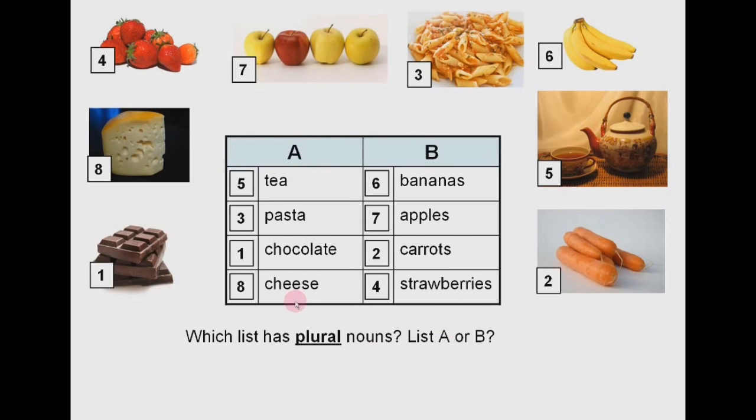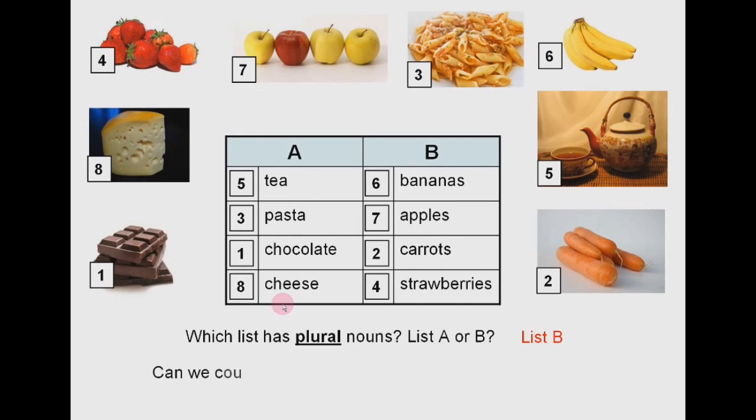Well, of course the answer is list B. These are all plurals because there is a letter S at the end. And list A, in fact, all of these nouns are singular.